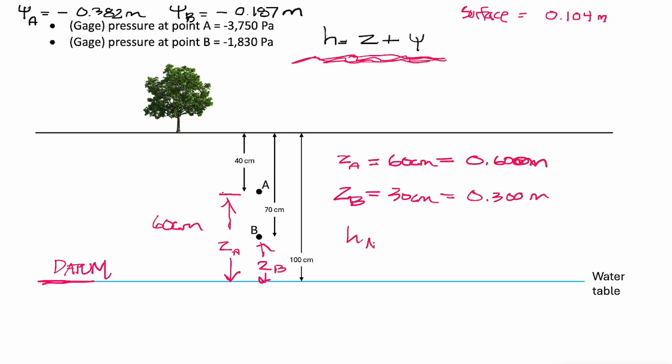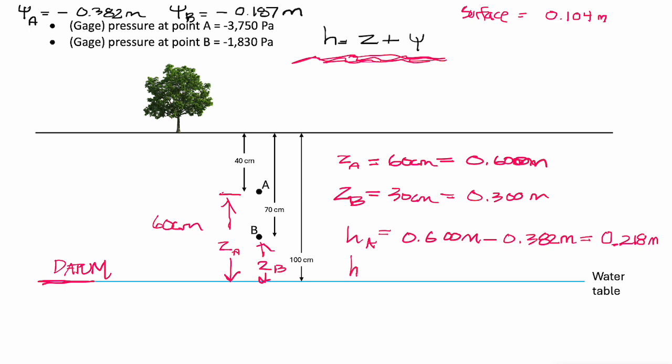So head of A equals 0.600 meters minus 0.382 meters, so head of A will equal, let's see, 0.218 meters.